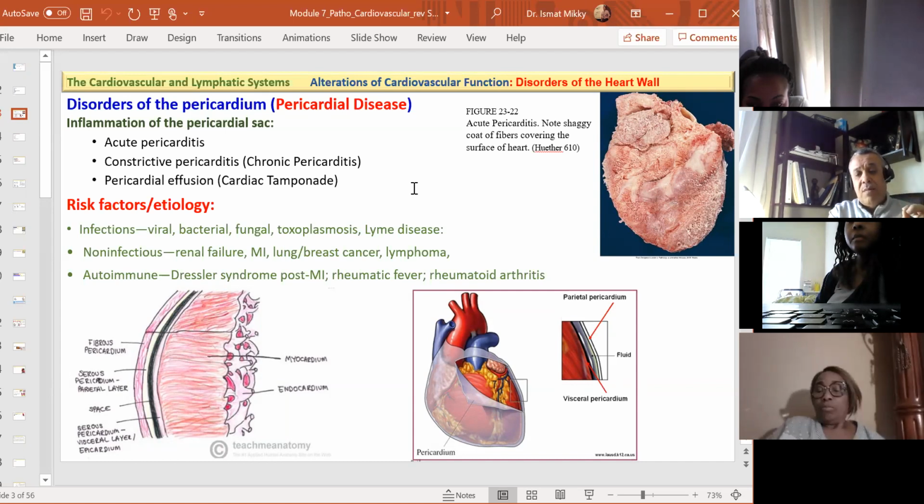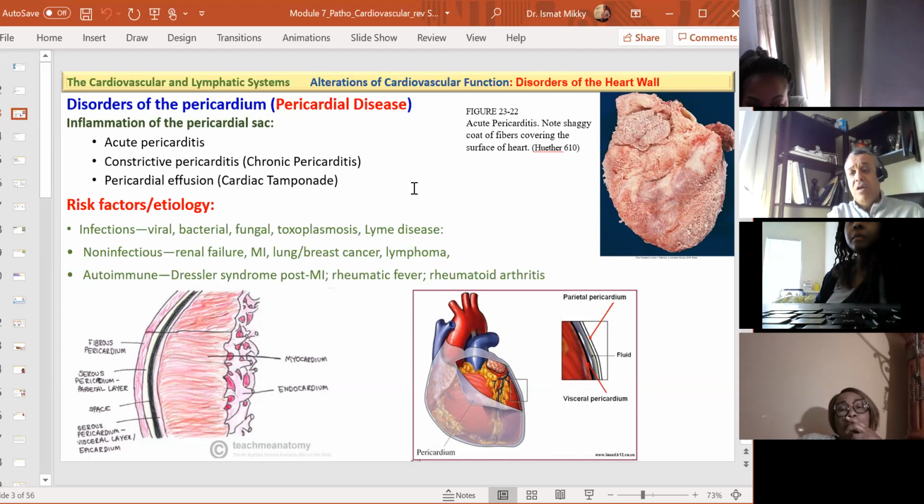The non-infectious factors would include kidney problems, like patients with end-stage renal disease. They tend to develop complications, and one of the long-term complications is pericarditis or pericardial effusion later on.